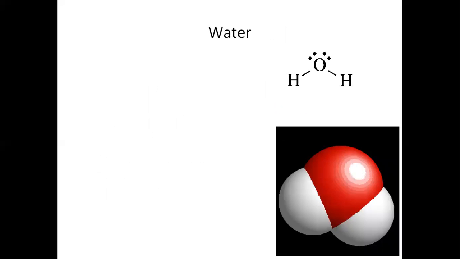By weight, about 70% of cells is composed of water, H2O, and therefore a firm understanding of water is crucial to the study of biochemistry. As a consequence, we'll spend some time talking about the importance of water. Shown here, I have a Lewis dot structure of the water molecule.